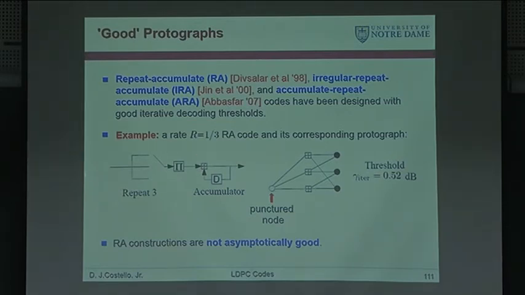The idea of developing thresholds for encoding structures like this hadn't been done. So they converted it to the parity check domain, were able to analyze the thresholds, and saw that they weren't asymptotically good, which they already knew.